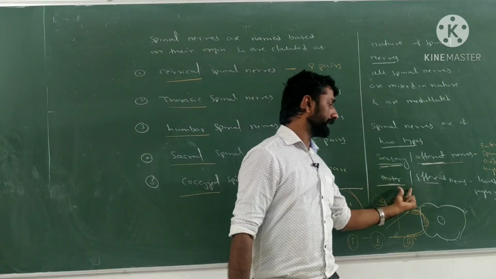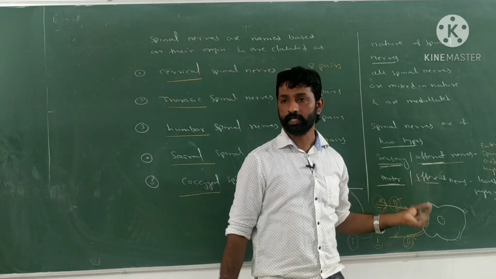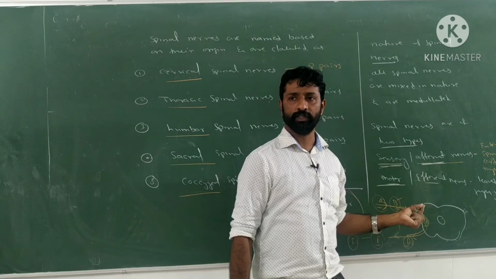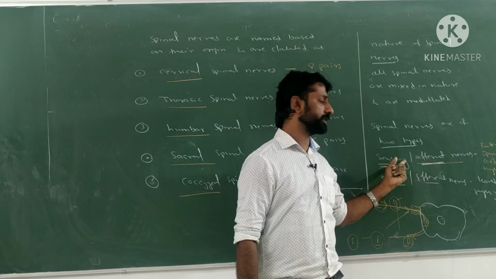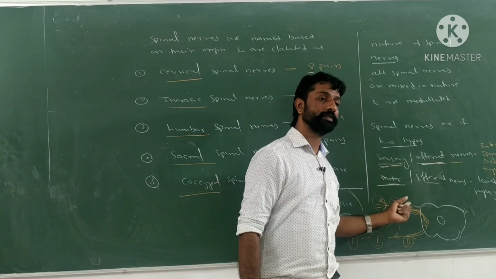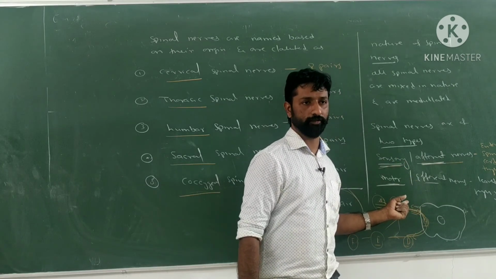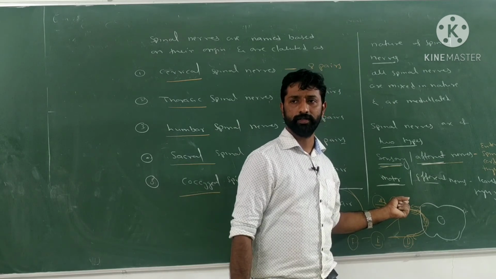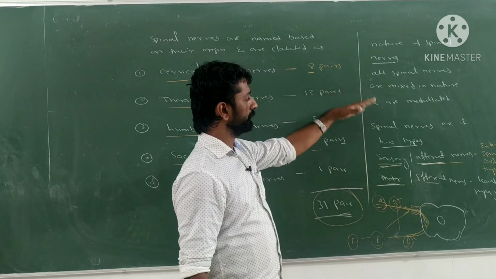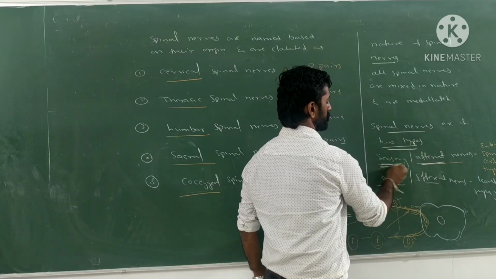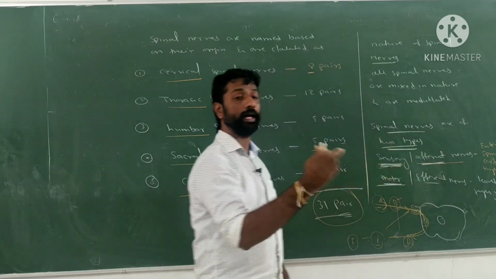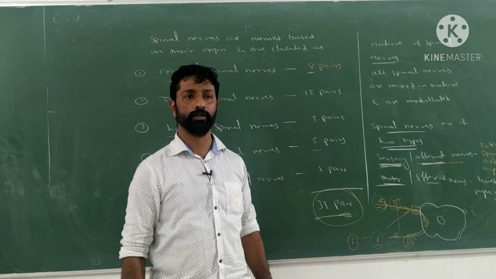Because their ganglion will be present near the effector organ. But for the sensory neurons, the ganglion will be present near the dorsal root of the spinal cord. So this is the information regarding the two types of spinal nerves based on the information they relay or transmit.